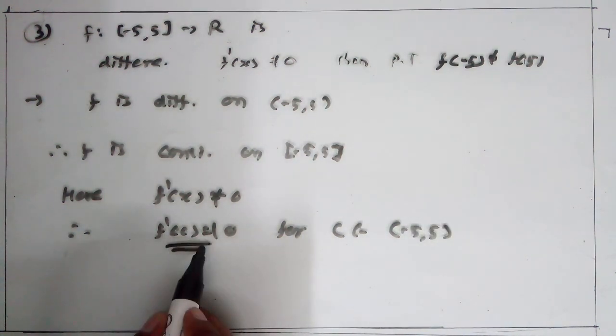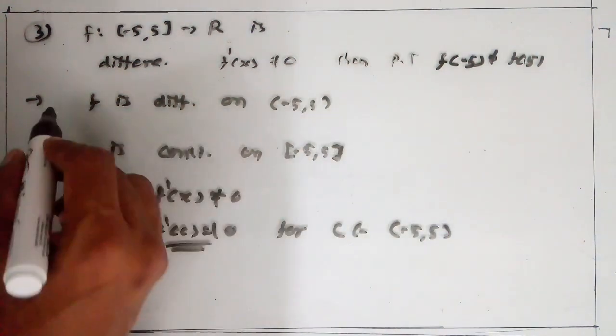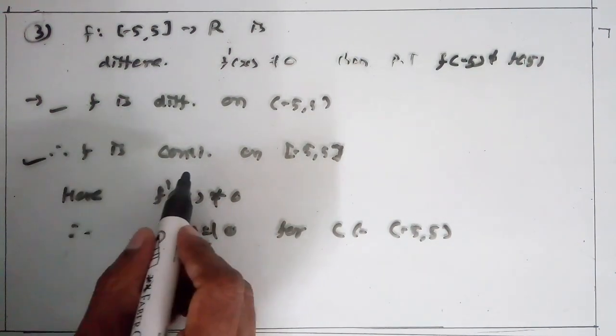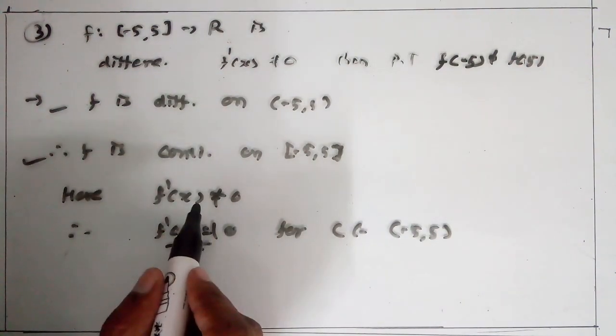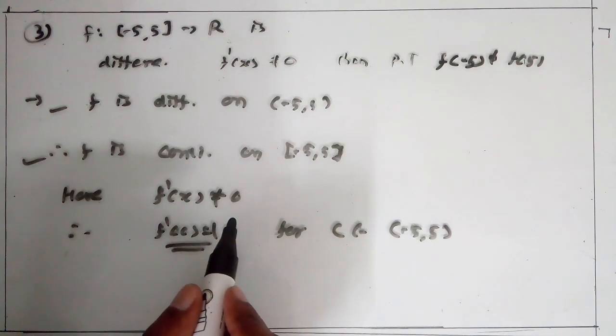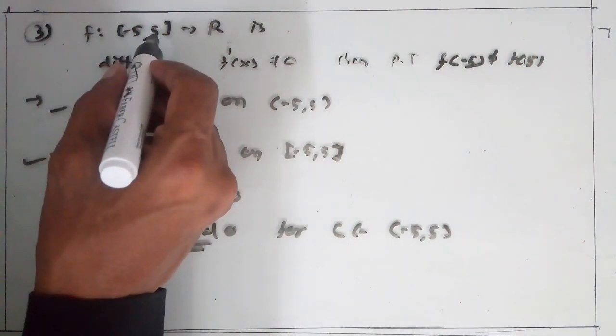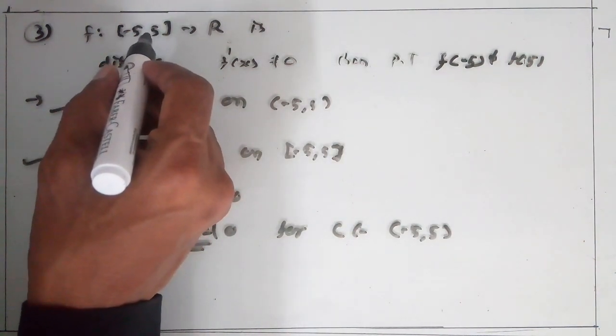That is, Rolle's theorem is not applicable. The first two conditions, differentiability and continuity, are satisfied, so the third condition is automatically not satisfied. And you know which is the third condition? f of minus pi is equal to f of pi. And this does not hold, so not equal to.